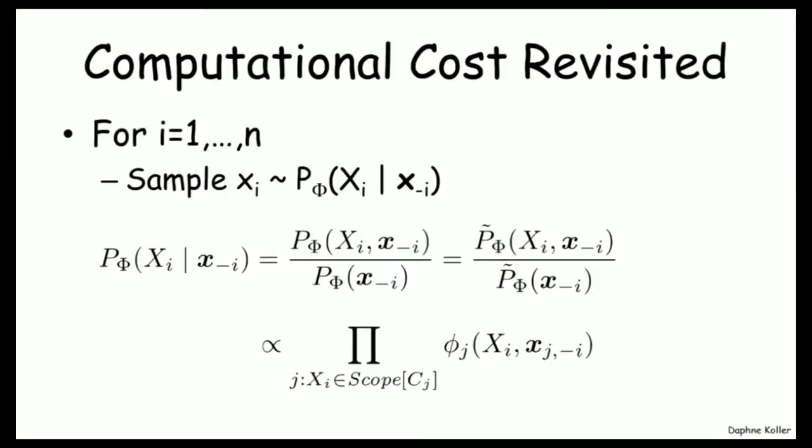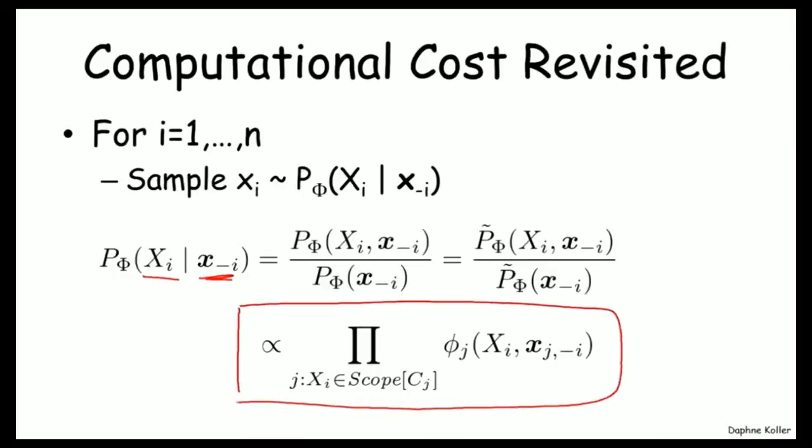So what is the computational cost now of this algorithm? The sampling step for xi given all of the others is simply this expression over here, which is proportional to a product of factors. And not just any old product of factors, but just the factors that involve xi.